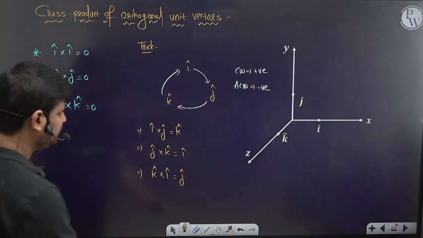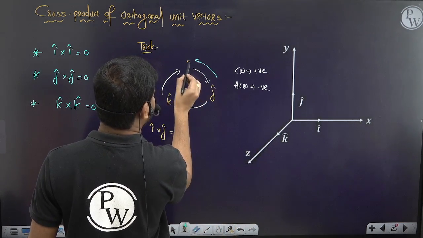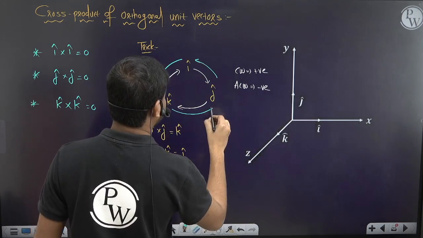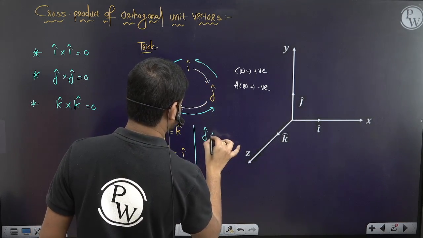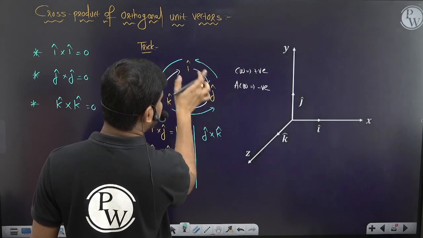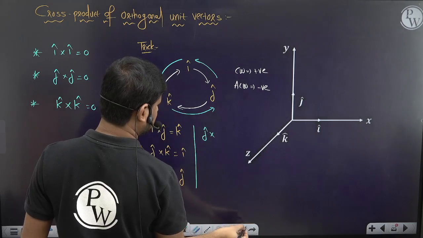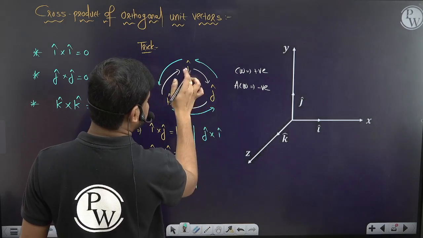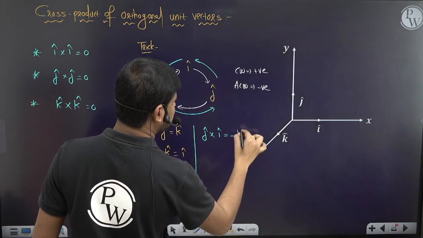This is the clockwise direction. If you go anti-clockwise, J cross I, you are going anti-clockwise, so the next one is K, anti-clockwise means minus K cap.